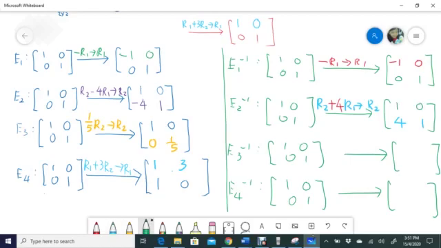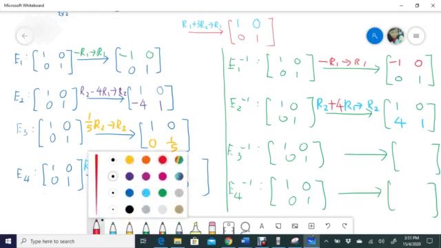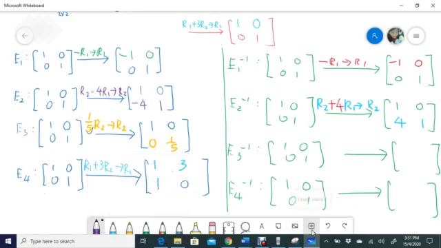Same goes with your elementary inverse for the third one. Again, your scalar multiplication is 1 over 5. So what will be your k then?